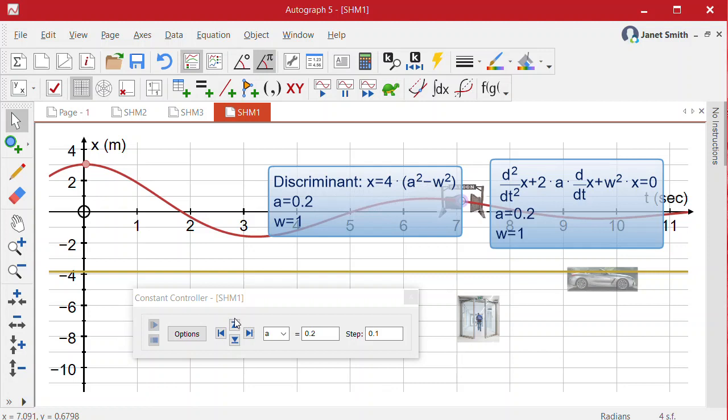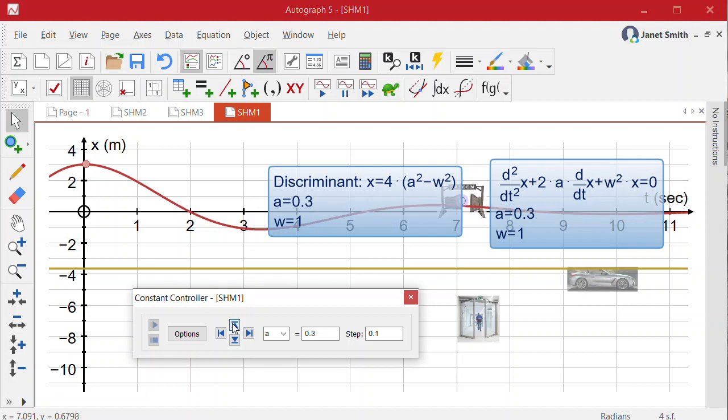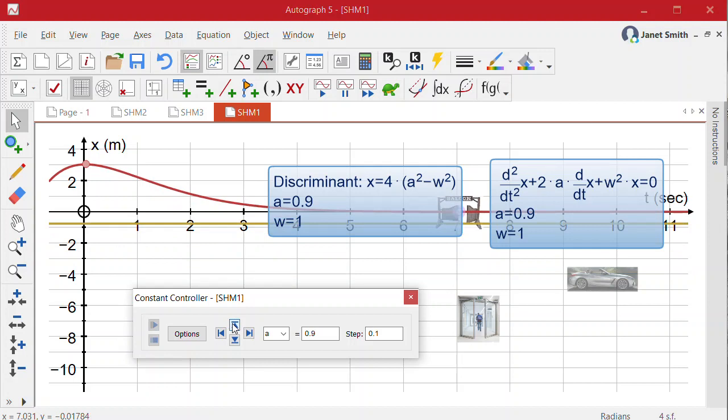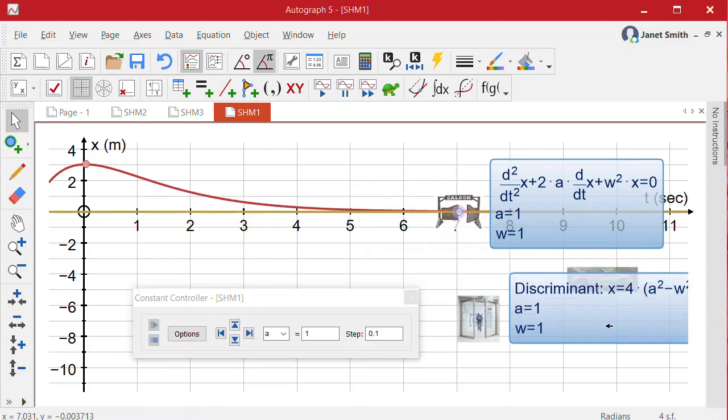The next case is where the discriminant is equal to 0, so a is equal to omega. I'll change a to 1. This is where we've got critical damping.